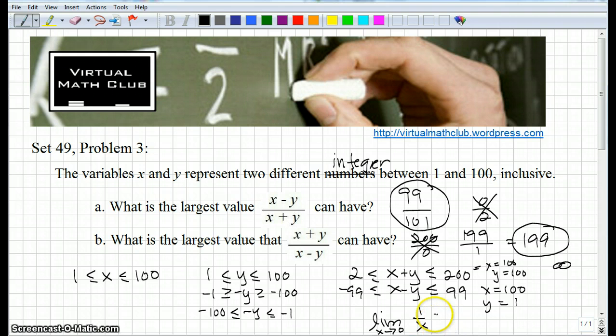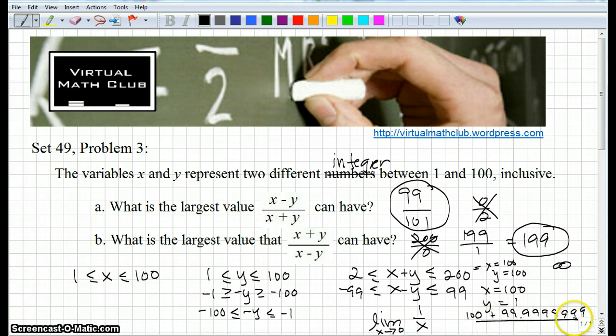So, if you could choose any numbers, you could choose numbers like, let's say, x and y are, let's see, 100 and 99.9999999.